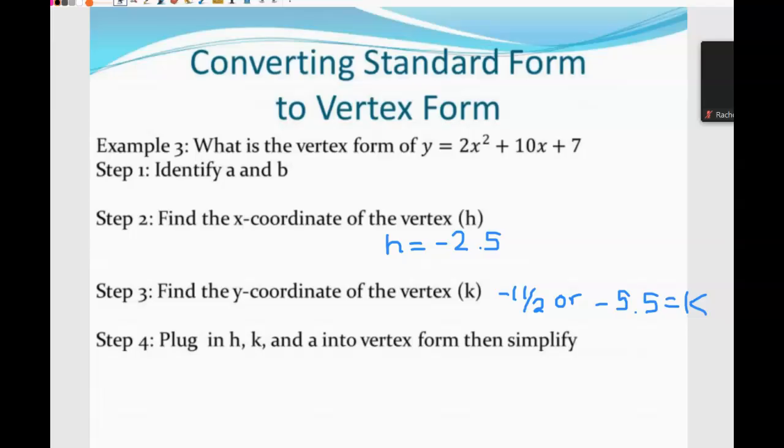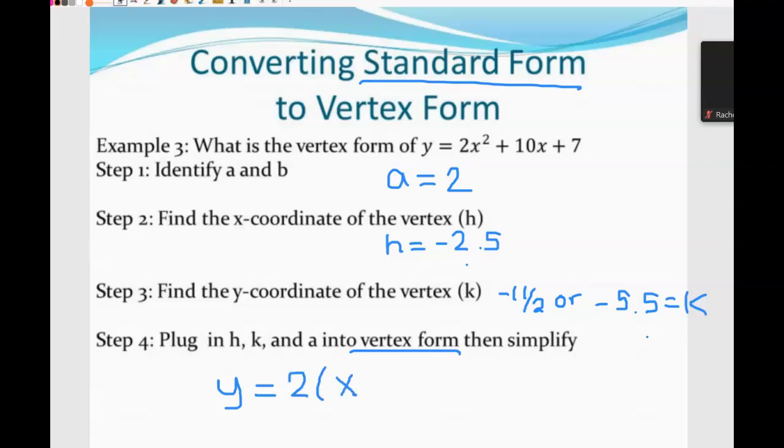So in order to take standard form and put it in vertex form, I'm going to use the A from my original. I'm going to find H. I'm going to find K. And then I'm going to plug into y equals A(x minus H) squared plus K. You can clean up the minus a minus if you want.